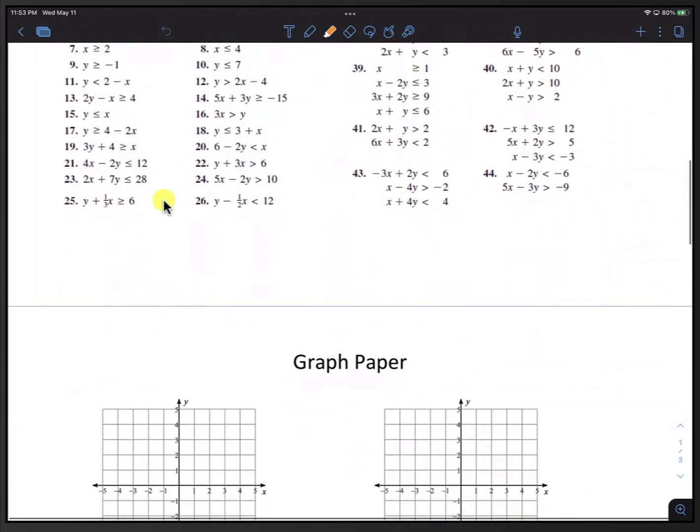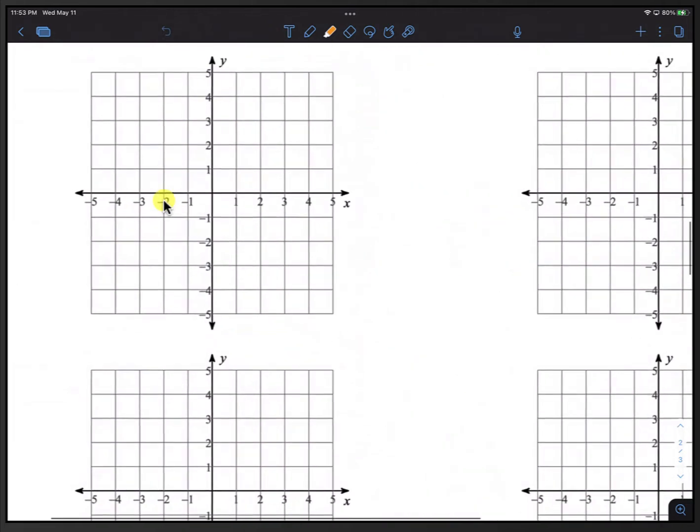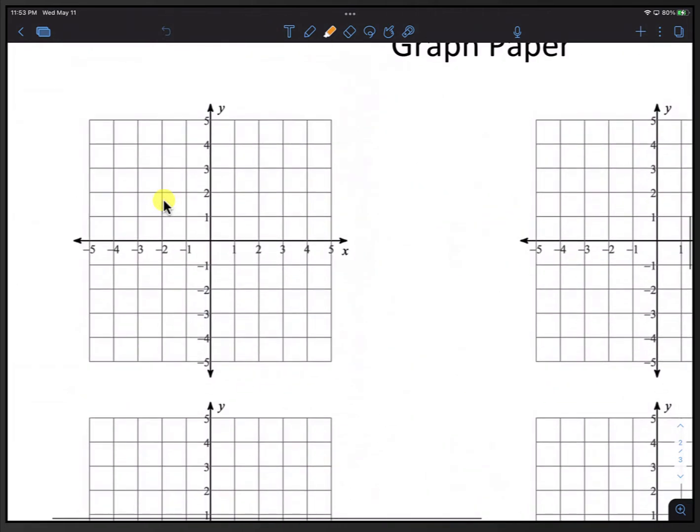All right, so let's scroll down to some graphs here. So we're graphing number 7, and that is x is greater than or equal to 2. We know this is going to be a vertical line going through 2. So let's go ahead and draw that vertical line. Actually, this is going to be solid, instead of dashed.